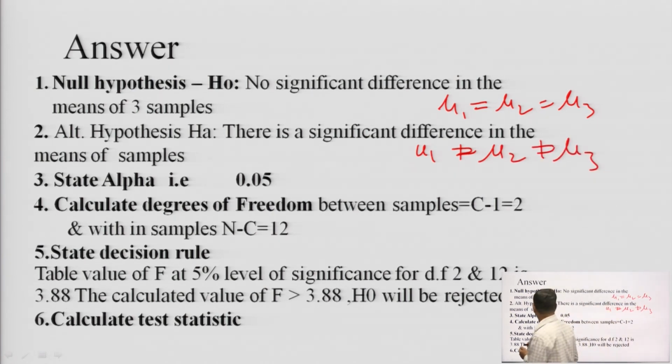The alpha is 5% and the degree of freedom between samples is C minus 1, where C is the 3 columns. So, it will equal 2, and within the samples it is n minus C, where our total observations are 15 and the number of columns is 3. So, 15 minus 3 equals 12.